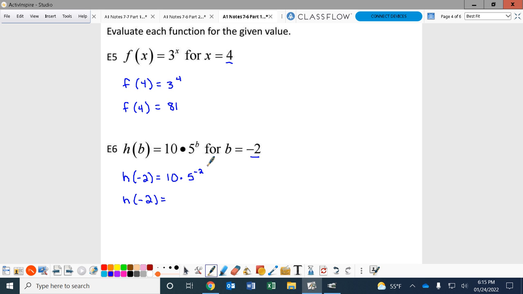So type 10 times 5 power button 2 negative equals. I'll say it again. 10 times 5 power button 2 negative equals.